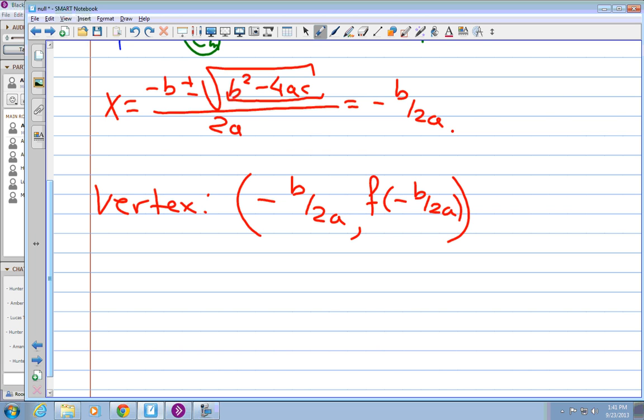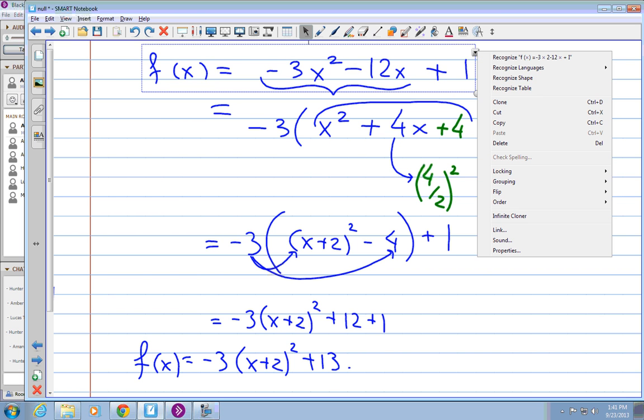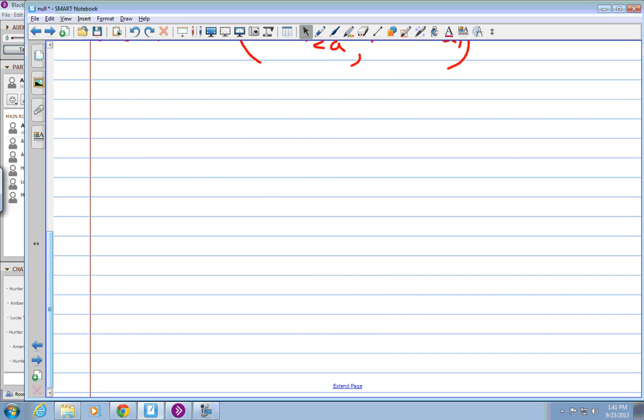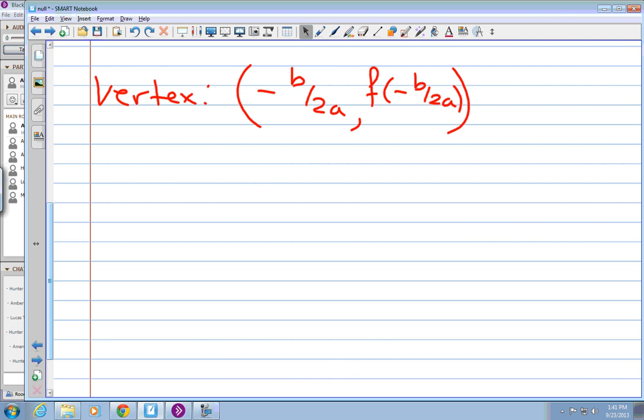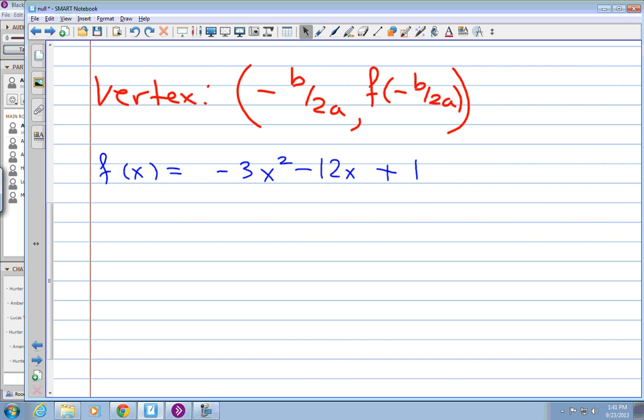Where was I? Okay, yes. So if I go back, let me just take this problem right here. Okay? Now, in order to find the vertex of this, I'll just have to go negative b over 2a, so it's negative of negative 12 over 2 times negative 3, right?